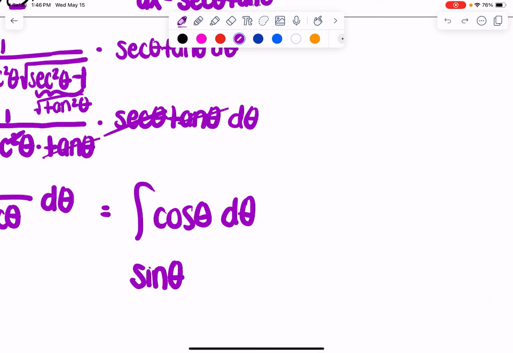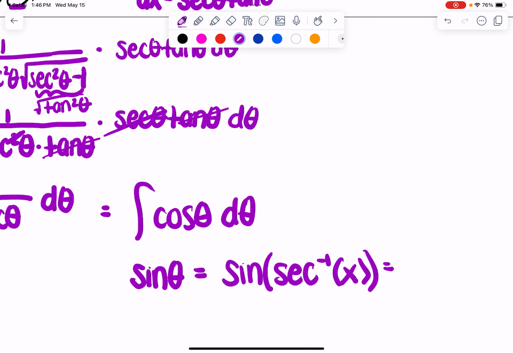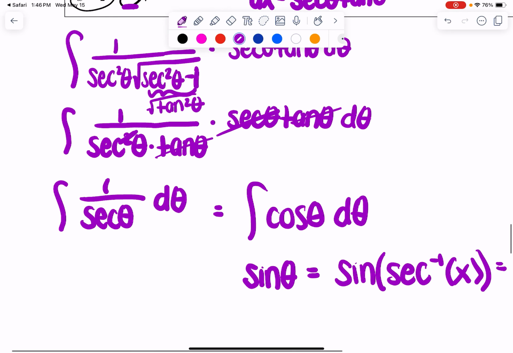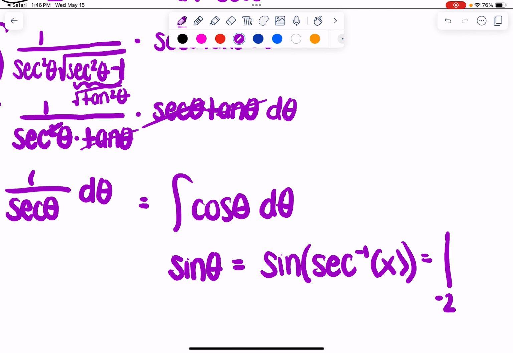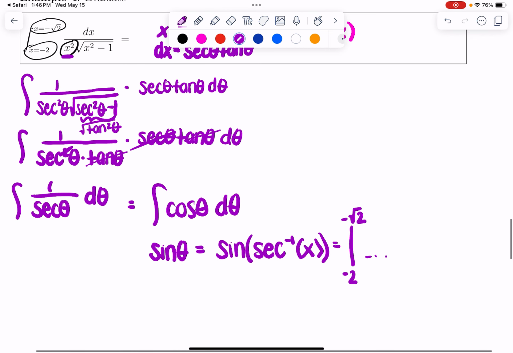So it would be sine of secant inverse of x. And this problem also hits on the idea of inverses and how to do a complex inverse. And then you're just evaluating from -2 to -√2, and I would just say integrate from there.